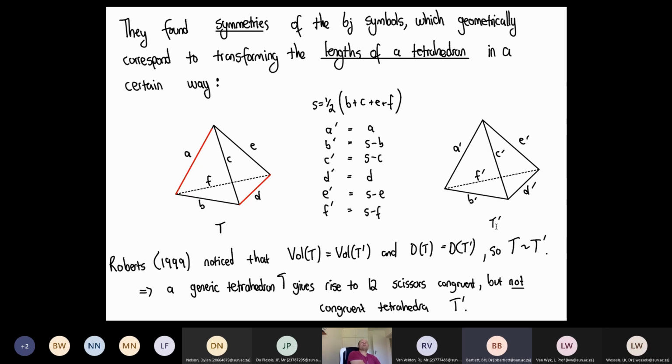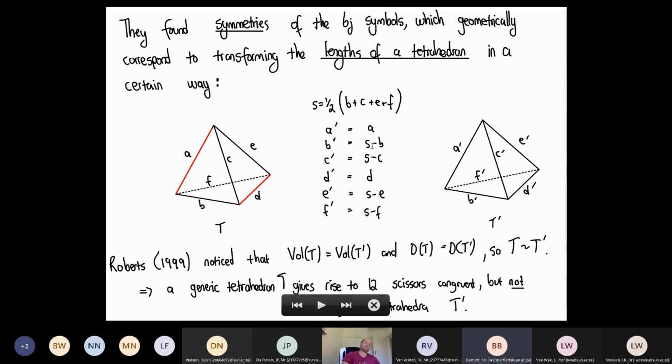So by Sydler's theorem, that means that T is scissors congruent to T', even though it's a completely different tetrahedron. So this allows us to conclude that a generic tetrahedron T gives rise to 12 different scissors congruent, but not congruent, tetrahedra T'.